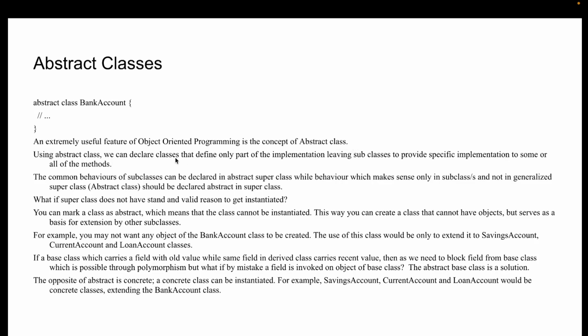Using abstract class, we can declare classes that define only part of the implementation, leaving subclasses to provide specific implementation to some or all of the methods. So the common behaviors of the subclasses can be declared in an abstract class, while behavior which makes sense only in a subclass and not in a generalized superclass should be declared abstract in the superclass.